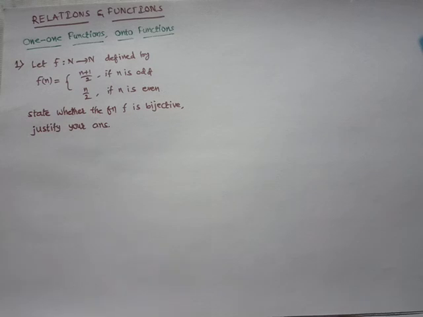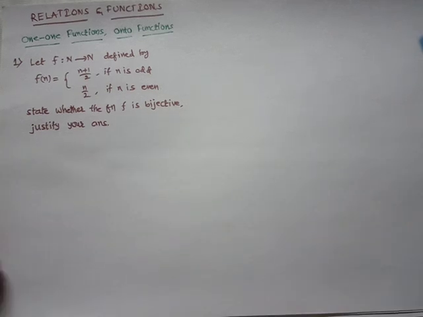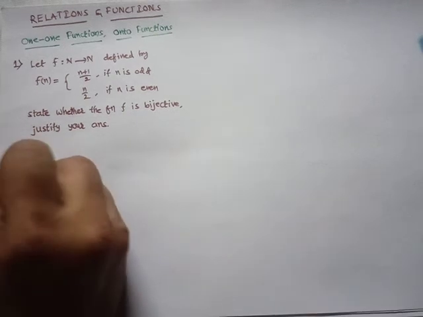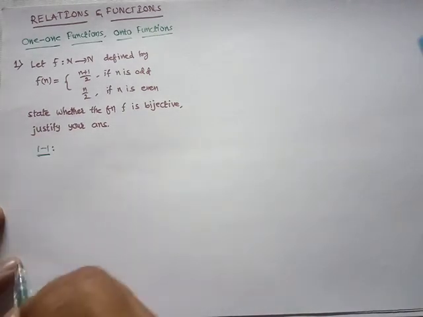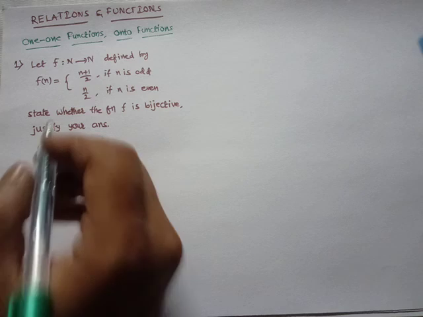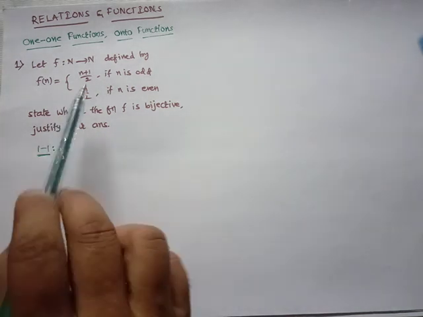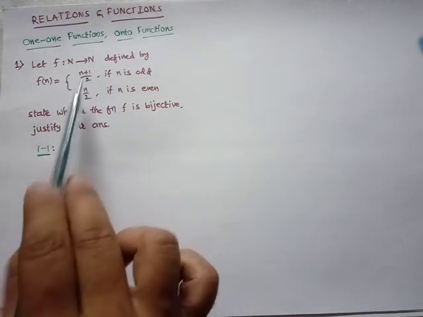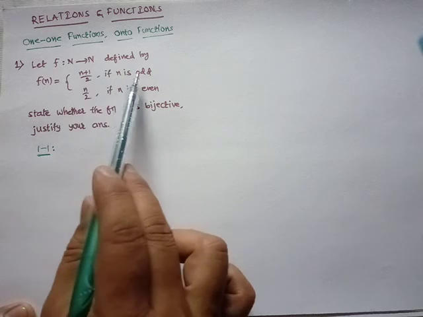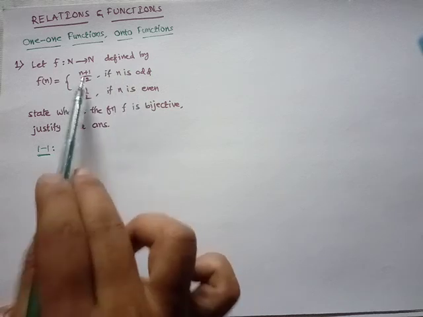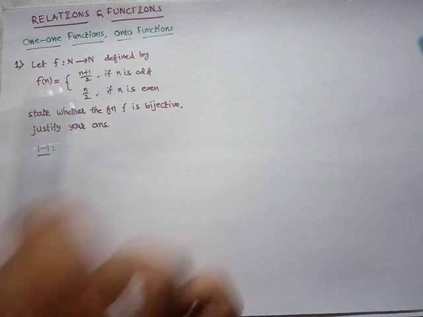To make it bijective, it has to be one-one and onto. We'll see. Coming to the next, we'll talk about the one-one function. As we are getting the values here, whether n is odd or n is even, both times the number is divisible by 2.